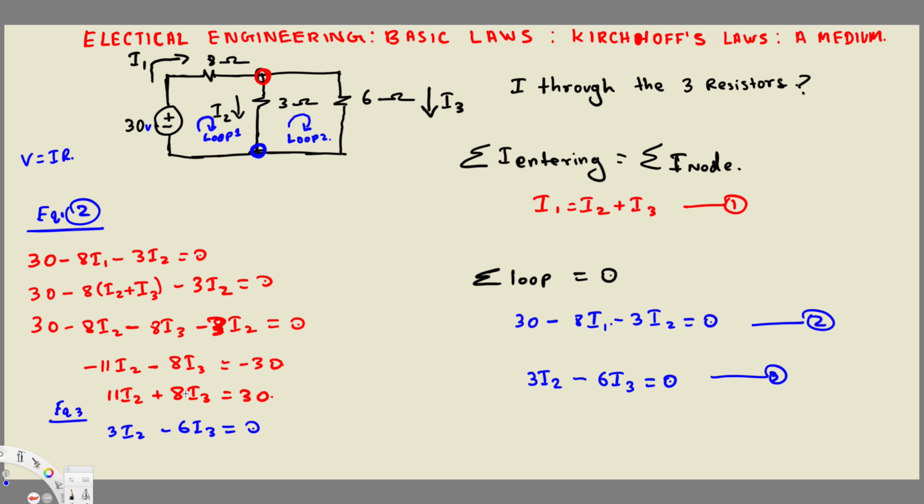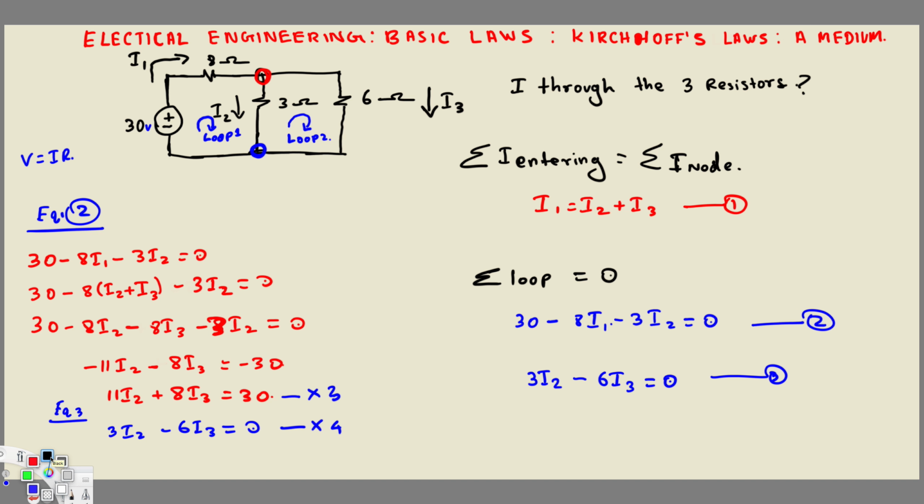If you multiply this one by 3, you will get plus 24. So then when we add them, we can get rid of this I3 and find I2, right? So let's multiply this one by 3 and let's multiply this one by 4 and see what we get.